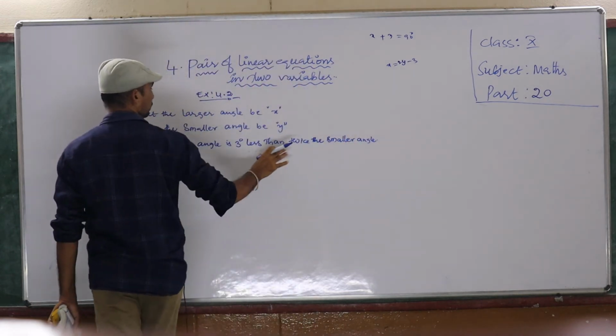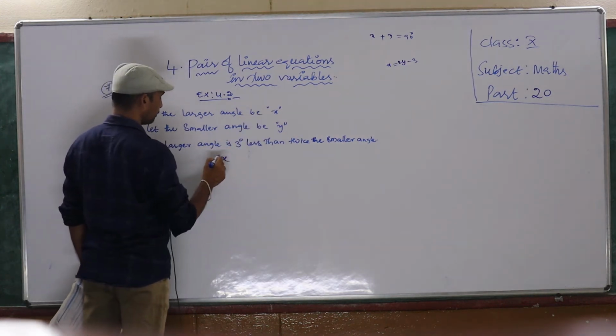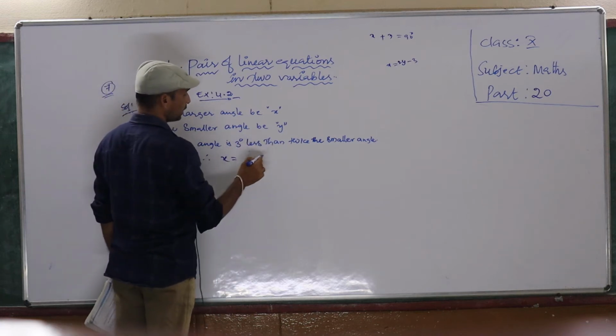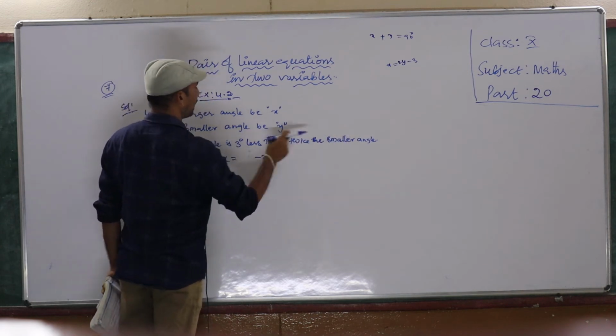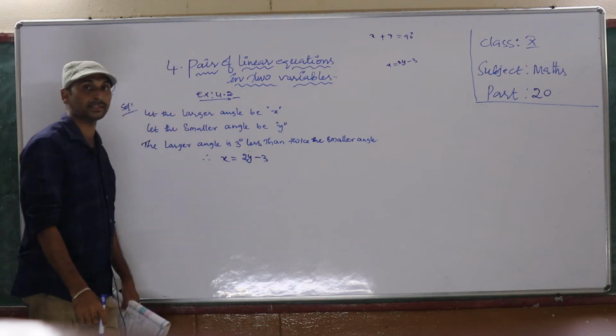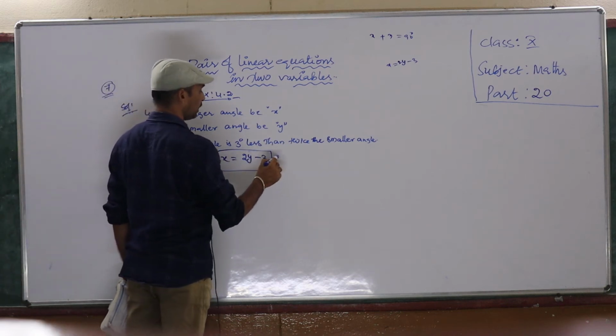Right, so according to the condition, the larger angle x is equal to twice the smaller angle y minus 3, that is 2y minus 3. This is equation number 1.